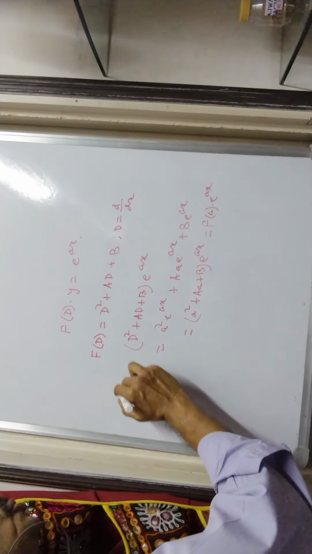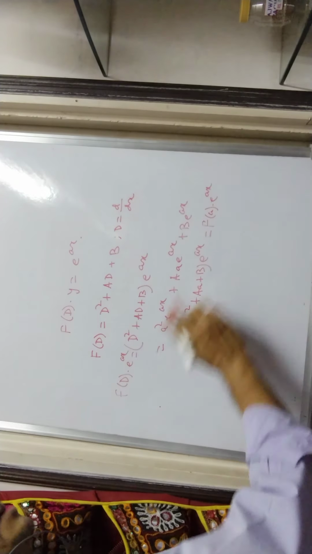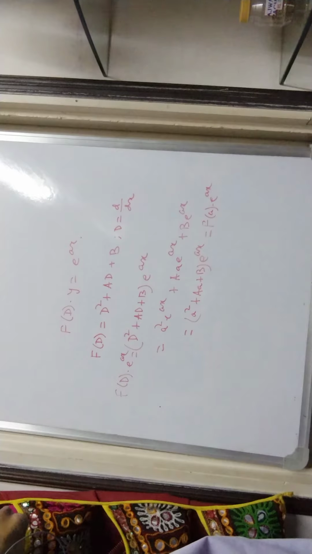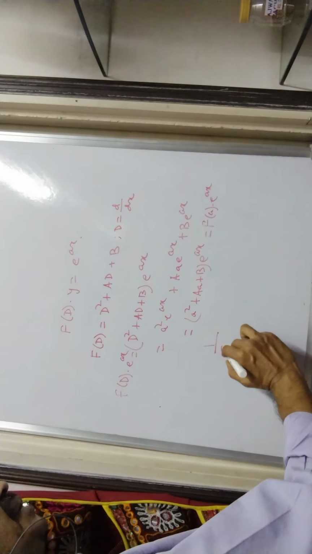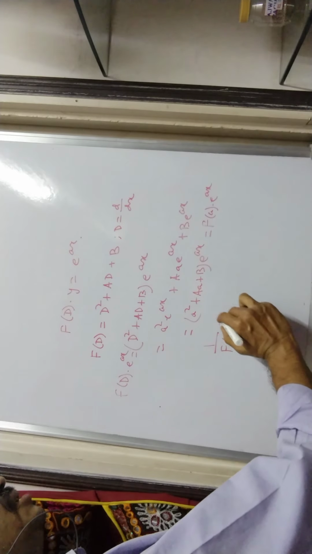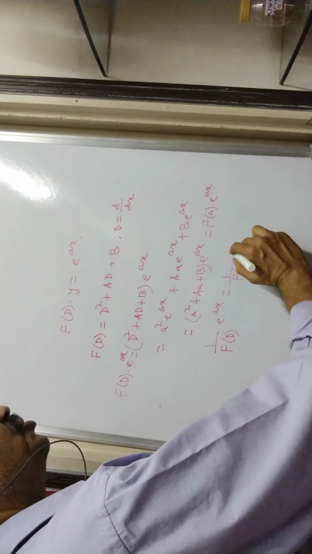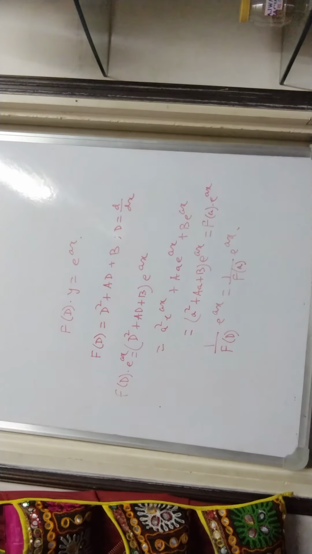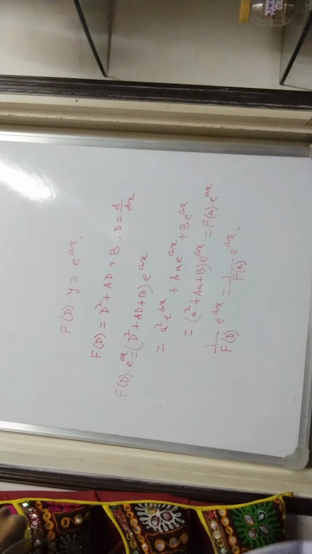So f(D) operated on e to the power ax gives f(a) into e to the power ax. So obviously we can claim that 1 by f(D) operated on e to the power ax is 1 by f(a) into e to the power ax. Isn't it so? So this is very simple. But we cannot apply this formula if f(a) is 0.